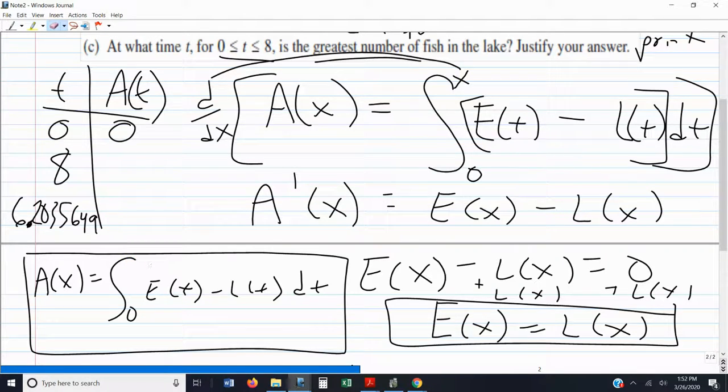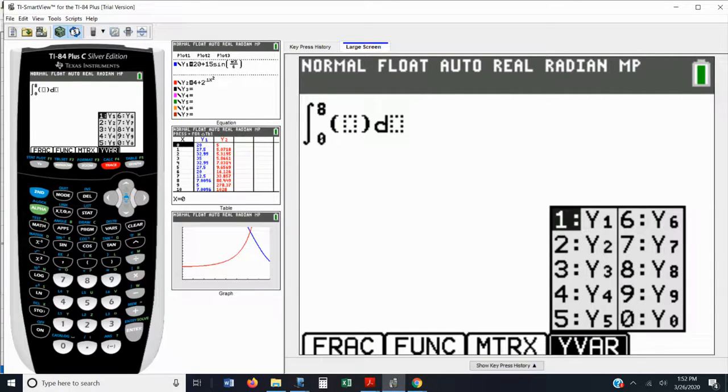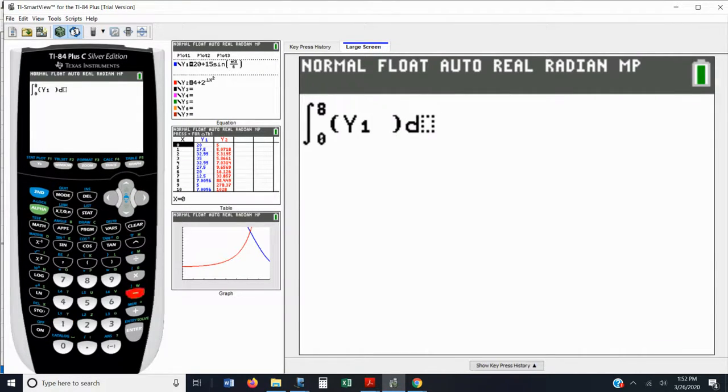So the next one I'll do is 8. So I'm plugging in 8, and I'm going to go to my calculator, and I'm going to do math 9, 0 to 8. And then instead of typing in those functions, I'm going to do alpha trace for my y1 minus alpha trace for my y2. And that's dx.